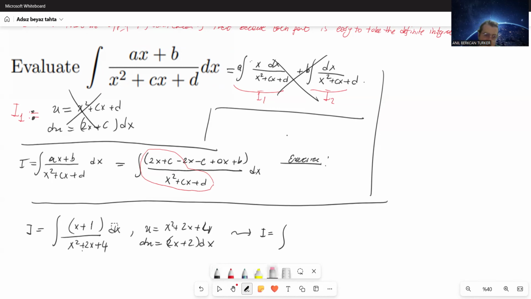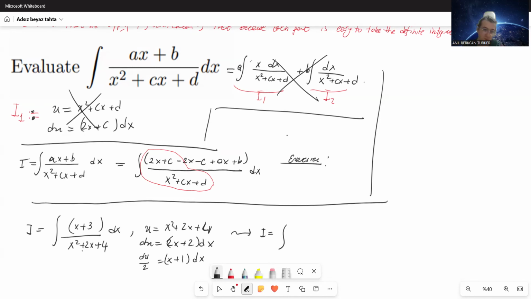I am just making this more confusing than it needs to be, because it was very simple. Anyway, du over 2 is just x plus 1 dx.